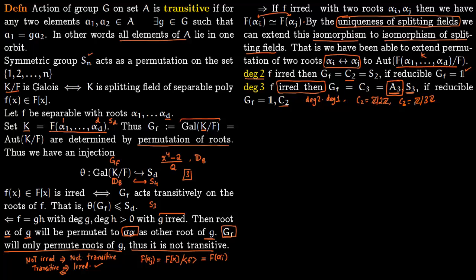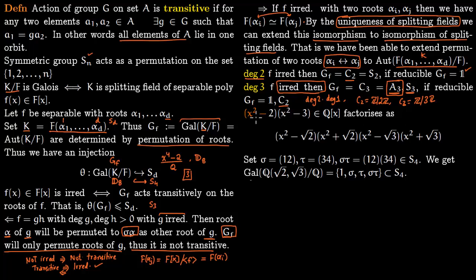So let us do important examples. This we have already done before. Say you have the polynomial (x squared minus 2) times (x squared minus 3) over the rationals. Notice that this is a product of irreducible polynomials. Now you have the roots here: minus root 2, plus root 2, minus root 3, plus root 3. This factorization is over the rationals, and you adjoin root 2 and root 3 to it.